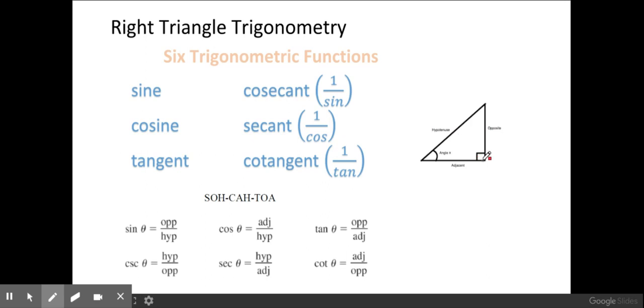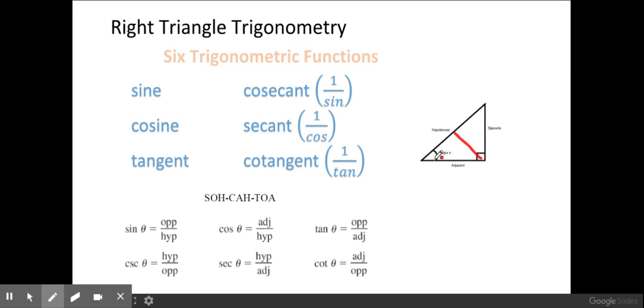When we're thinking about opposite versus adjacent, first the hypotenuse. I like to always label my hypotenuse first because it's always whatever is directly across from my right angle. The adjacent and the opposite side depend on the angle we're looking at. This right here, what we call theta, we use to represent an angle.